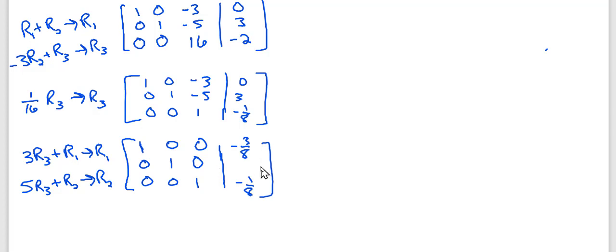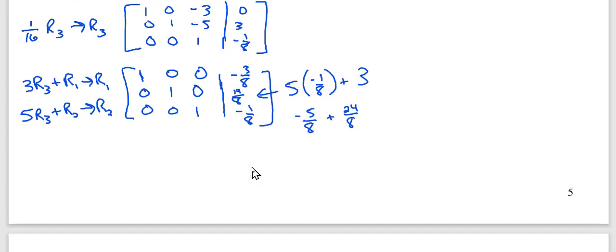This calculation that's going to go here, I'm actually going to write it just to make sure I don't mess up my fractions here. 5 times negative 1/8 plus 3 is going to be negative 5/8 plus, I'm going to rewrite 3 as 24/8. So that is 19/8. Got to get a common denominator to add those.